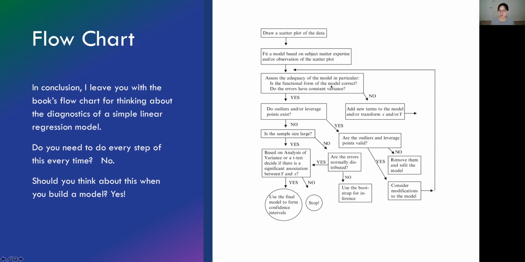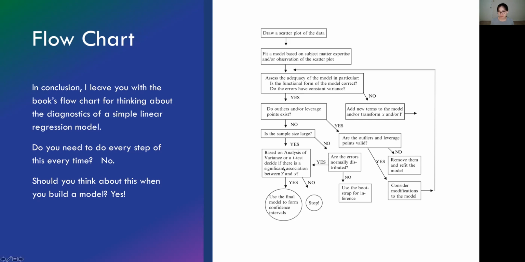Is the function from the model correct? And do the errors have constant variance? You do diagnostic plots, looking for leverage points and outliers, and if there are outliers or bad leverage points, you decide what to do. If there are no outliers and leverage points, you also consider, is the sample size large enough?